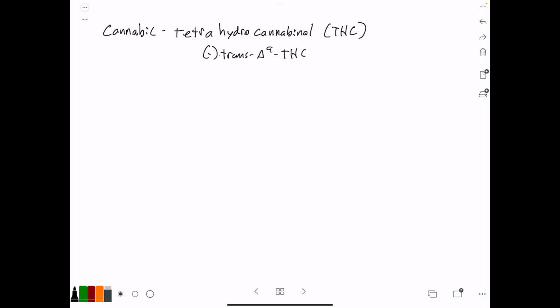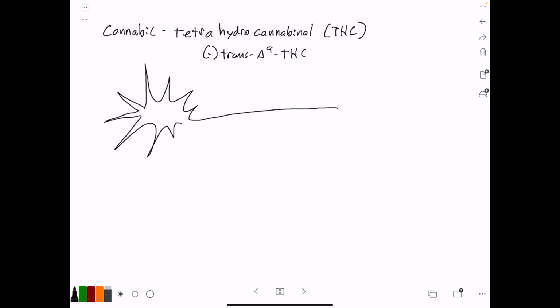What does it do? Well, first we have to draw out here a dopaminergic neuron. All right, so here's our soma and our nucleus. Since we're talking about addiction, we're in the ventral tegmental area.